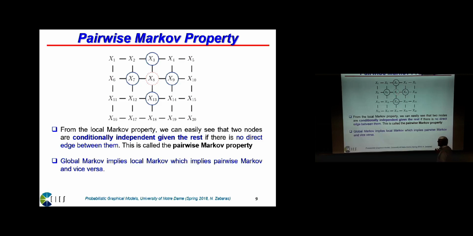Let's say I'm looking at 2 nodes, X8 and X9, and all the other nodes are fixed. The only way you can make them independent is if there is no link, and that's why this is called a pairwise Markov property. So for example, are X7 and X13 independent given all the other nodes?